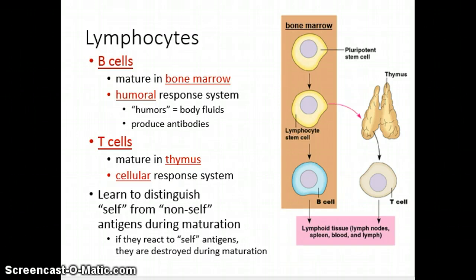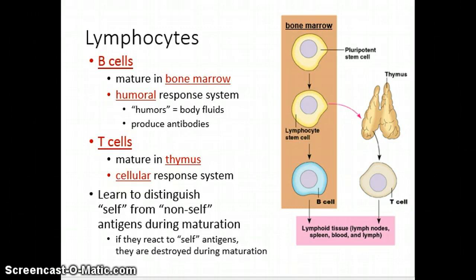The word humoral comes from humors, which means body fluids. So B cells are floating around in the body fluids looking for antigens that are floating around in the body fluids. Another characteristic of B cells is that they're responsible for producing antibodies.